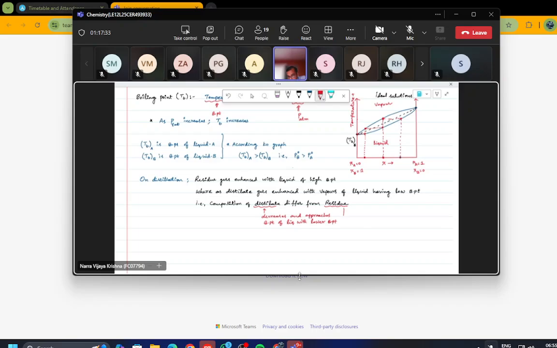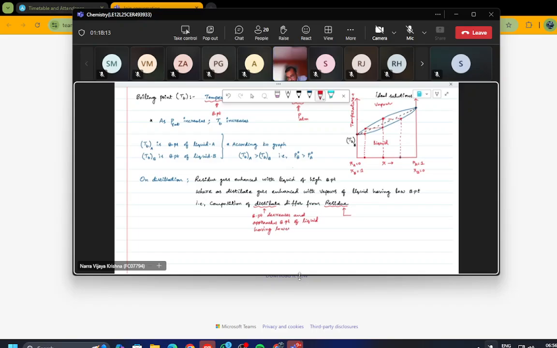In the case of residue, what did you understand? We are talking about boiling point, right? Here I have to write: boiling point decreases and approaches the boiling point of the liquid having lower boiling point.